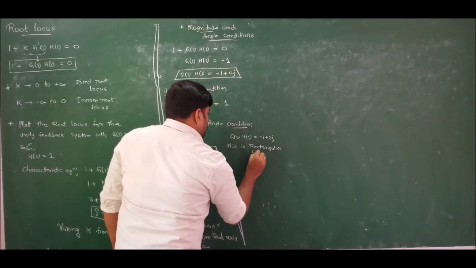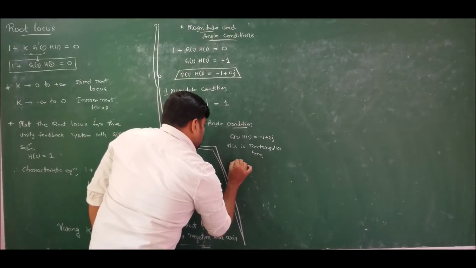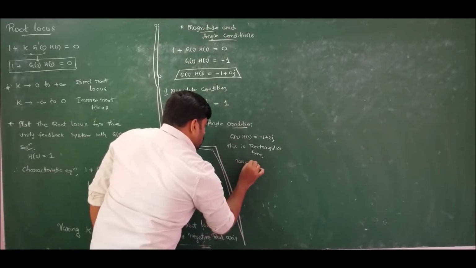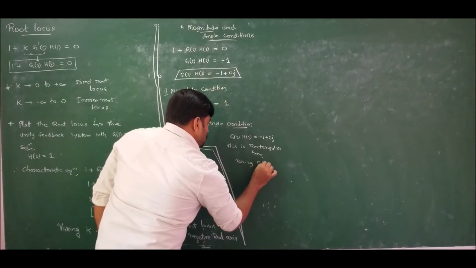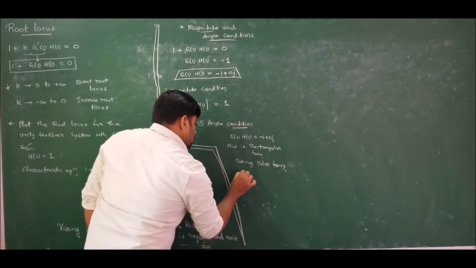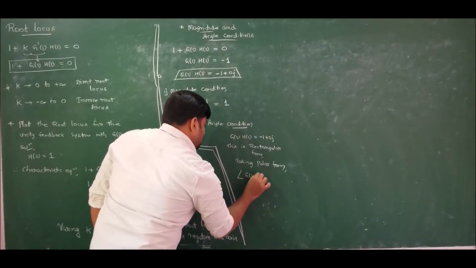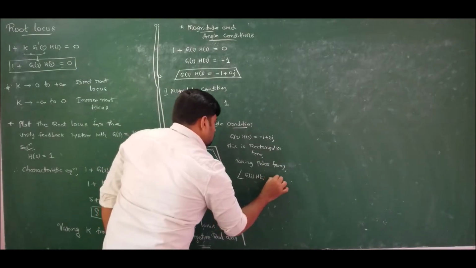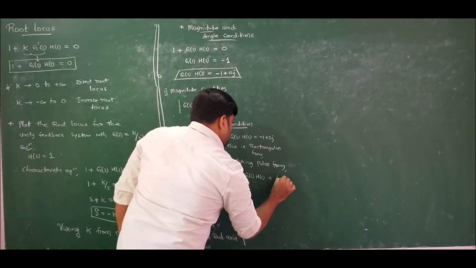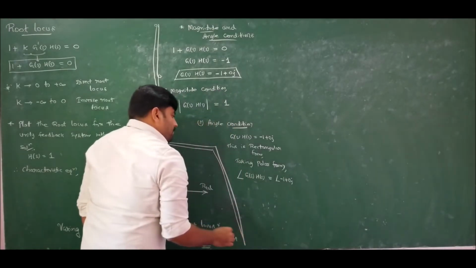This is rectangular form. Now taking polar form, that is the polar form of G(s)H(s) is equal to the polar form of minus 1 plus 0j.